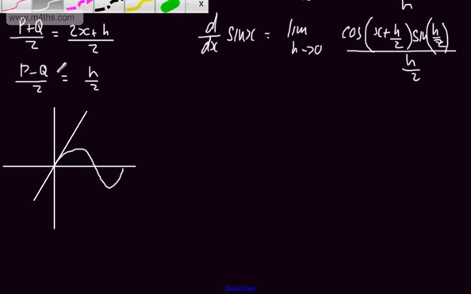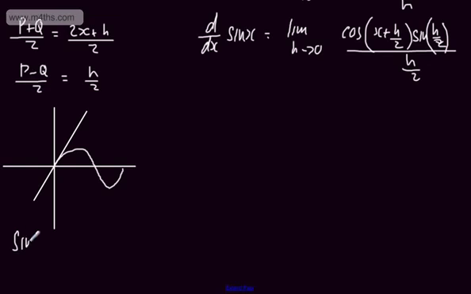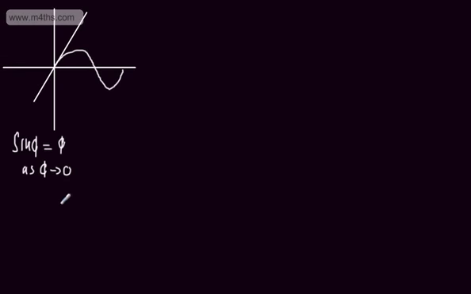We can say for small values of theta, sine theta will be equal to theta, as theta is small or tends to 0. Therefore, the sine of theta over theta is going to be equal to 1.